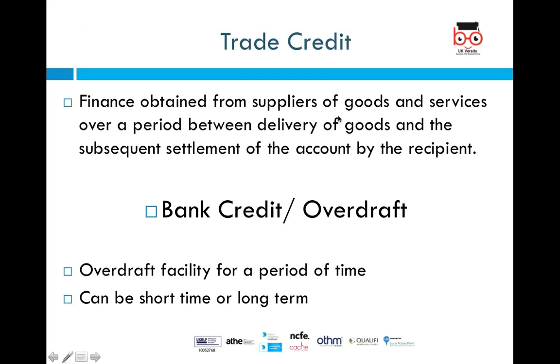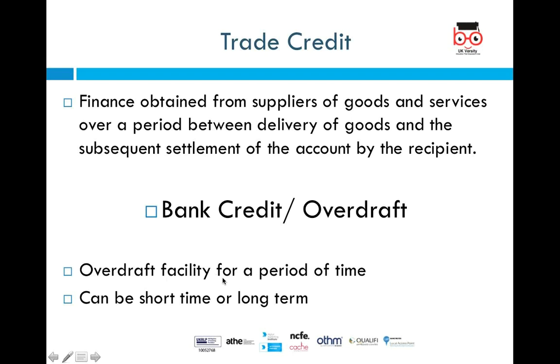Trade credit means the finance obtained from the suppliers of goods and services over a period between delivery of goods and subsequent settlement of the account by the resident. That's the normal trade credit, which is very popular, very traditional, and an ongoing facility for the trade company.